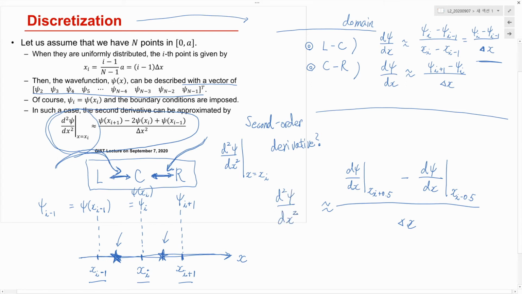For which position? Still the midpoint between these start positions, this is at xi.